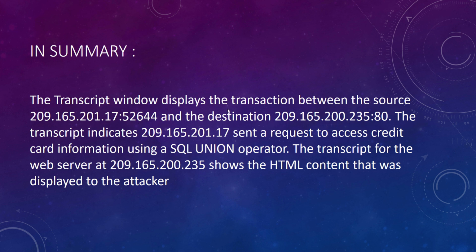In the summary we can say the transcript indicates that 209.165, which is the address of the attack machine, sent a request to access the credit card information using SQL injection operators. The transcript from the web server on 209.165 shows the HTML content that was displayed to the attacker. This is exactly what we captured from the investigation.